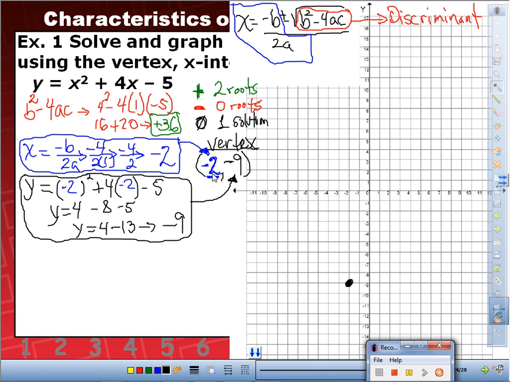Yes, that's how we found negative 2. Where did I get this from? From the quadratic formula. X equals minus b over 2a. Here it is. And I substitute the values. Step 4, I substitute the value of x into the equation to find y.